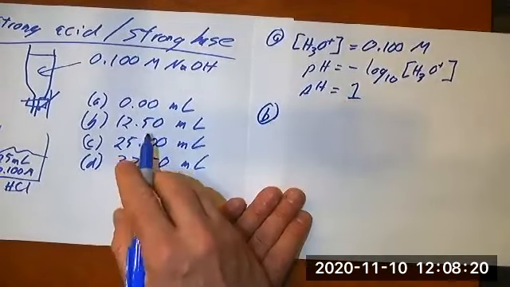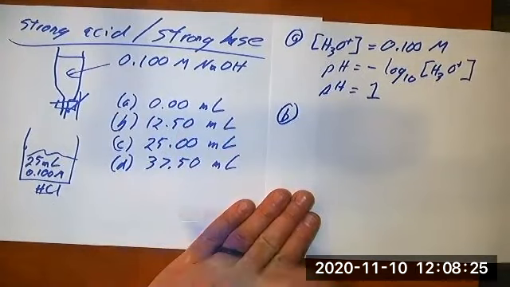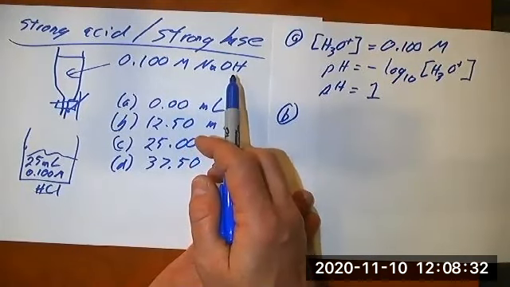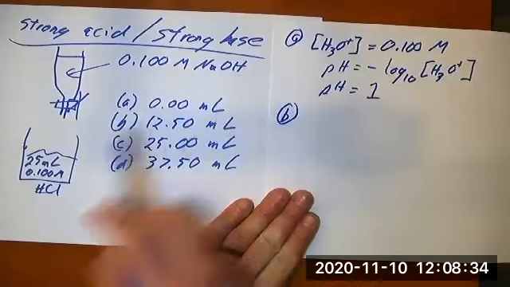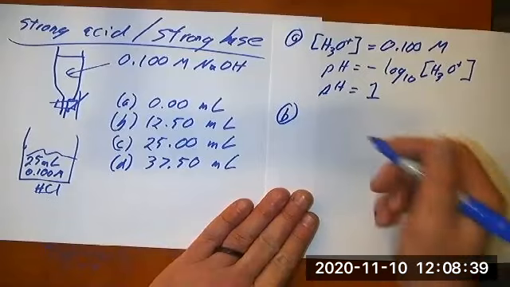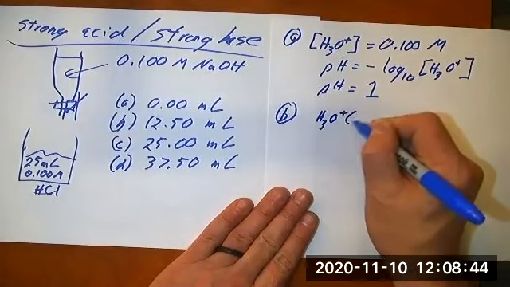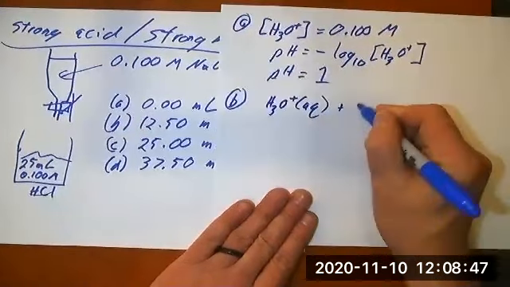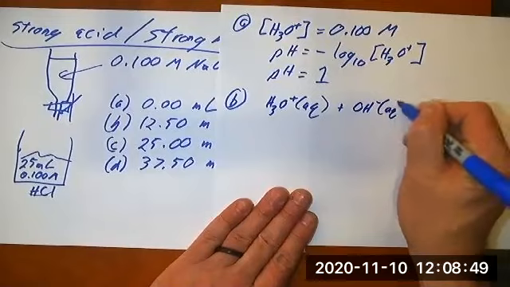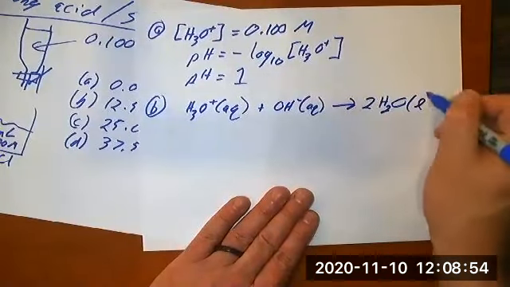Case B, where we are adding half as much sodium hydroxide as HCl. So thinking about this, that means that all of the sodium hydroxide is going to react with half of the HCl. So the neutralization reaction is H3O+ aqueous plus OH- aqueous yields 2H2O liquid.